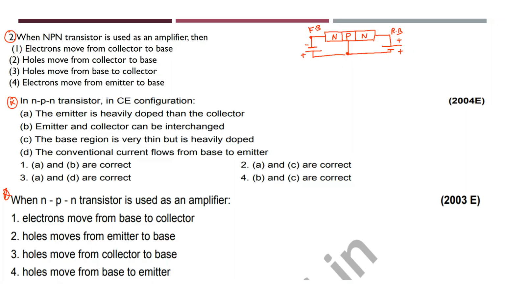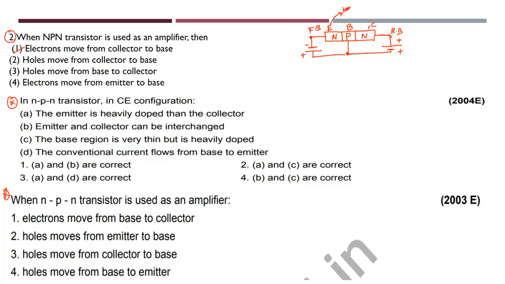What is the first condition? Electrons will move from collector to base. No, electrons can't move from collector to base. See what actually is the working of a transistor. This is the emitter region, this is the base region, and this one is the collector region. Which one is heavily doped?